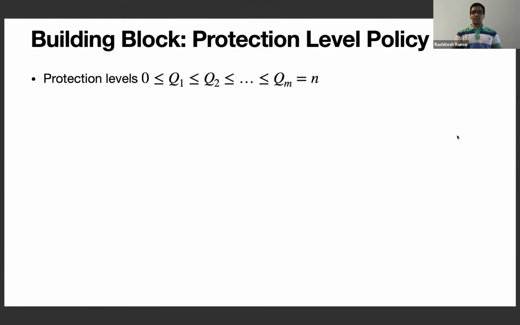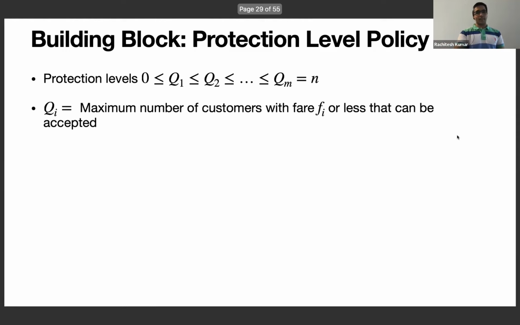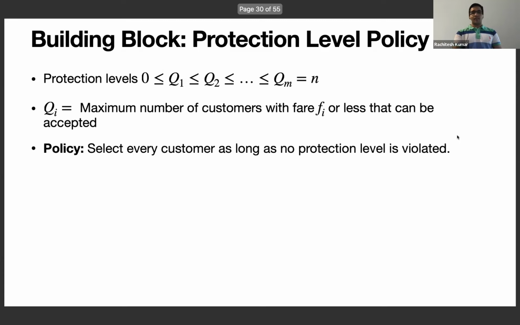A protection level policy is a policy parameterized by m protection levels, Q1 up to Qm, one for each fare. Your Qi represents the maximum number of customers of fare Fi or less that should be accepted. And the policy is simple. You select every customer as long as accepting her does not violate any protection level. So it's an upward closed way of accepting customers.